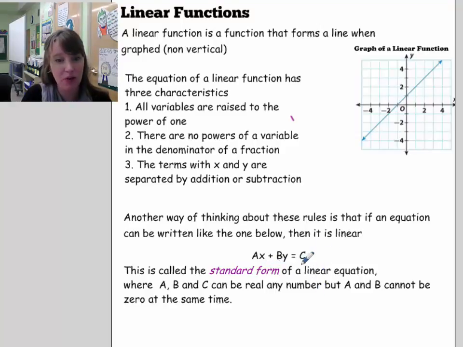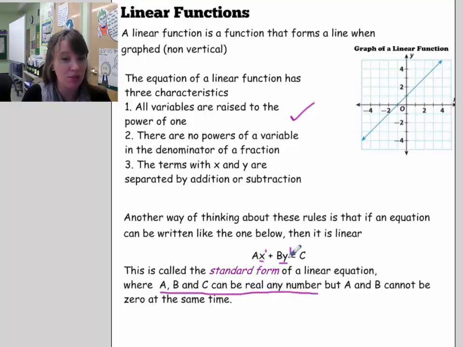This is called the standard form of a linear equation, and that's because it has all the characteristics that we're looking for. All of the variables, x and y, are raised to the first power, right here. By variables I just mean the x and y, because what a and b stand in for are any real numbers. A, b, and c are actually any real number.